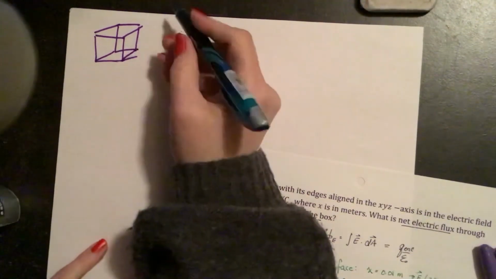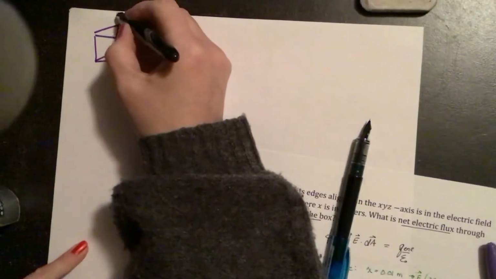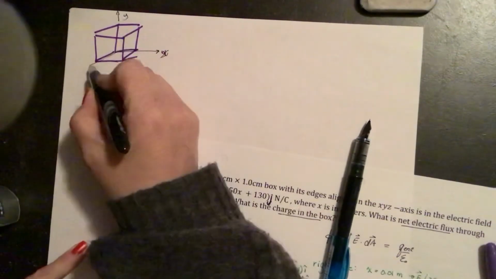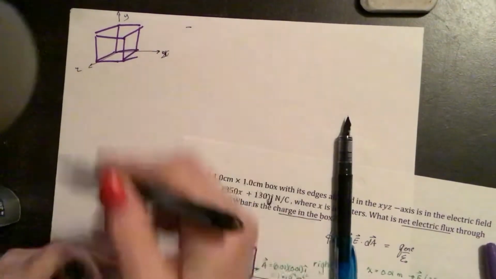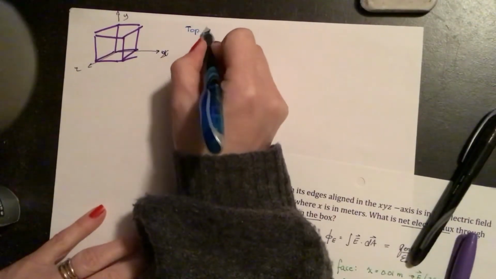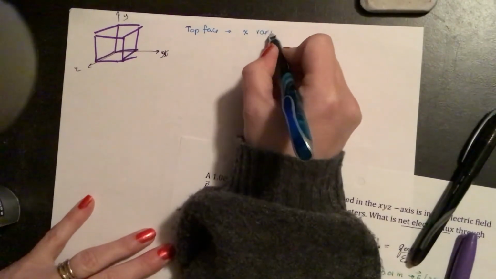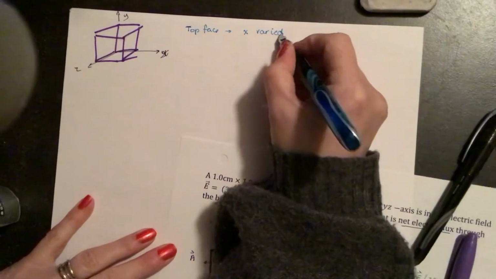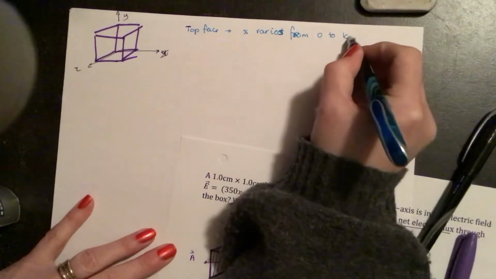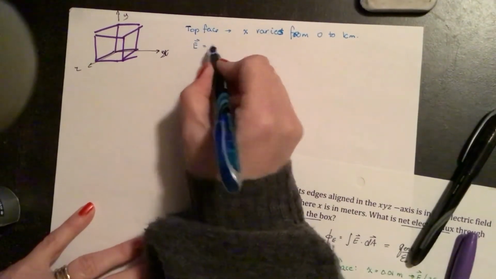So for my top face, it's a little bit different because x is not constant anymore. On my top face, x varies from 0 to 1 centimeter. So for my electric field vector, I can't put in a value for x.